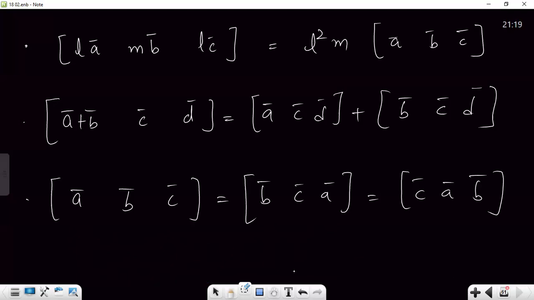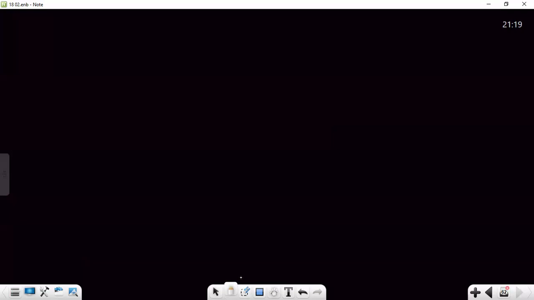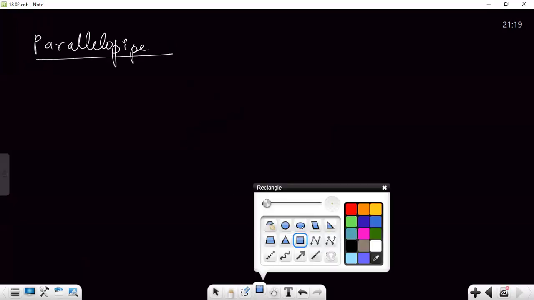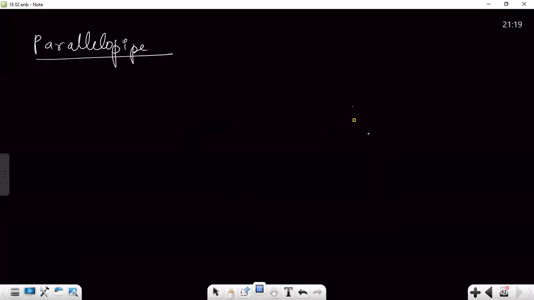There are some applications of this as well. First is for the parallelepiped. Actually a cuboid. Let me draw it.